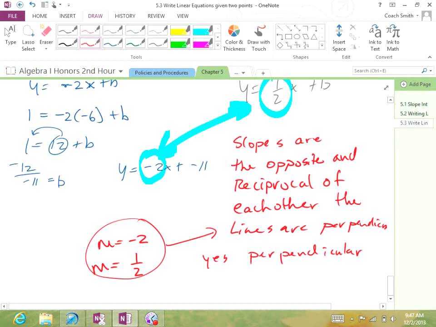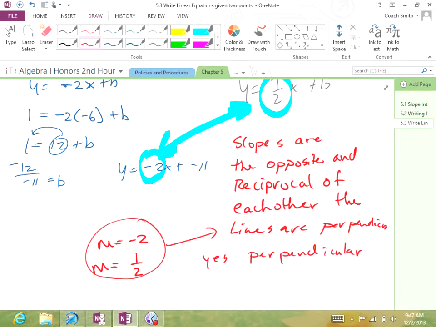Not always. Well, you have to prove that. So that's how you find out whether lines are perpendicular or not.